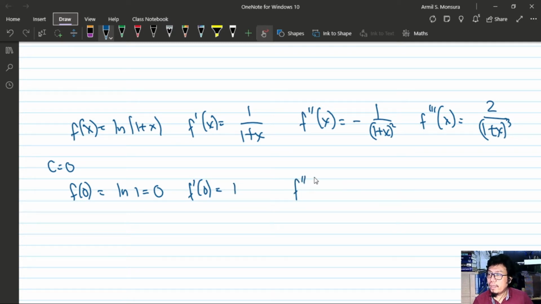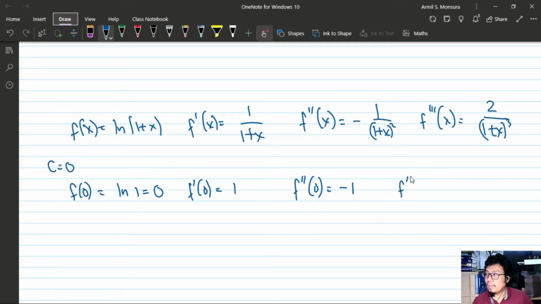f double prime of 0 is negative 1 over 1 squared, so that's negative 1.